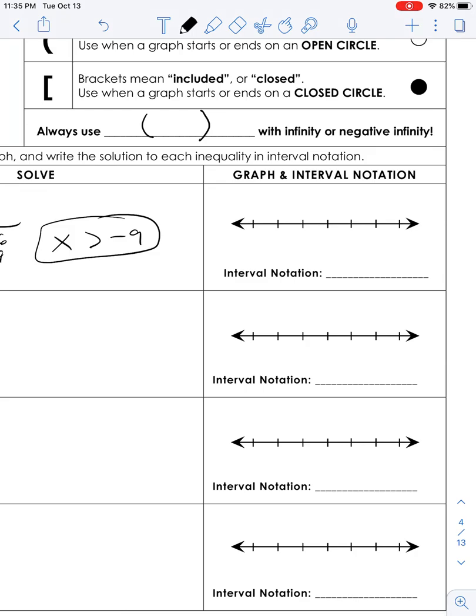Now what we're going to do is we're going to come over and we're going to graph it. So we'll put 0 in the middle. We'll say negative 9 is right here. It's an open circle because there's no line underneath my sign right here. No line underneath it. All right. Big mouth facing the X, so we're going to shade to the right.